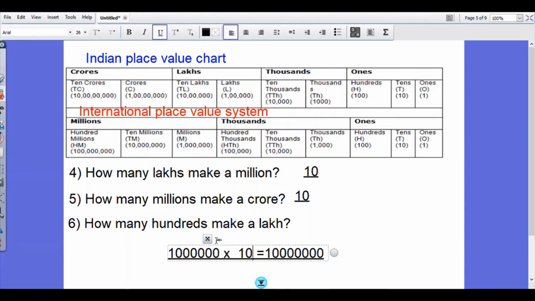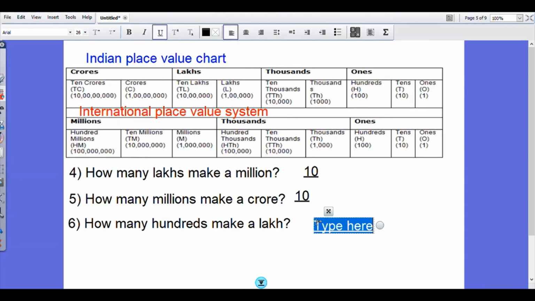Now the next one. How many hundreds make a lakh? Where is 100? 100 is here and lakh is here. See, lakh and 100,000 are both the same, and 100 is here. So 1, 2, 3. That means 100 is here and lakh is here.